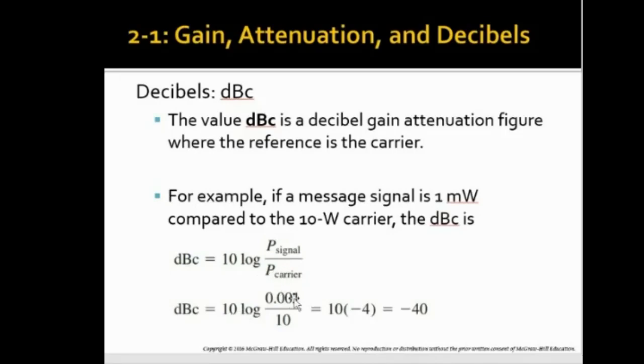So the signal power is 1 milliwatt, we show 0.001 divided by 10 watt. So then 0.001 over 10, the log of this becomes minus 4 because it's smaller than 1. Then 10 times minus 4 is minus 40. So our dBc is minus 40.